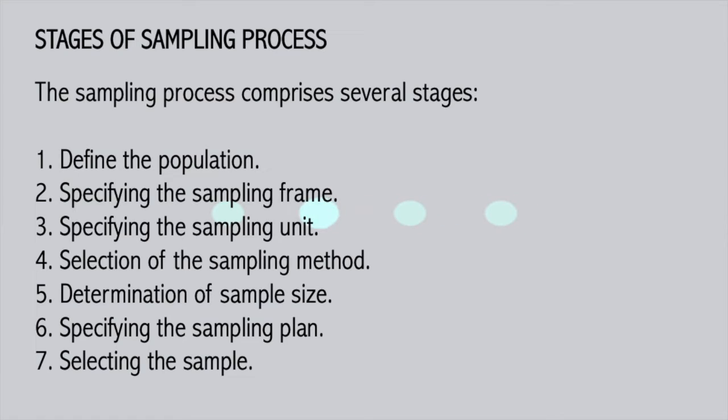And once you have defined the population, next you have to specify the sampling frame. As a remedy, we seek a sampling frame which has the property that we can identify every single element and include any in our sample.